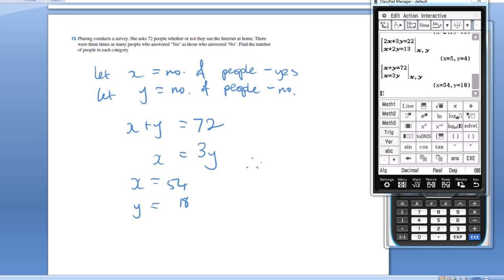So therefore, 54 answered yes, and 18 answered no. So that's how you do worded simultaneous problems. Basically the aim of the game is define your pronumerals, set up 2 equations, and use your calculator to answer those 2 equations.